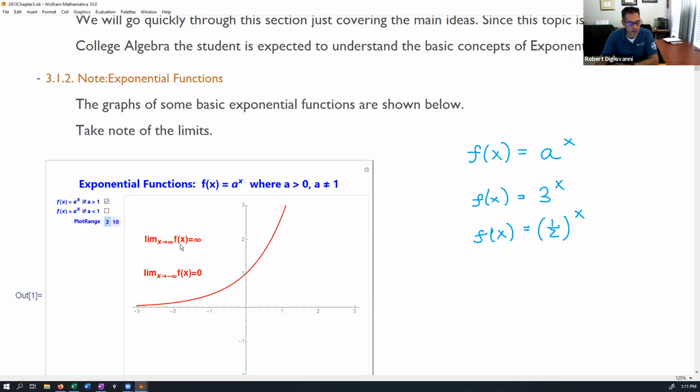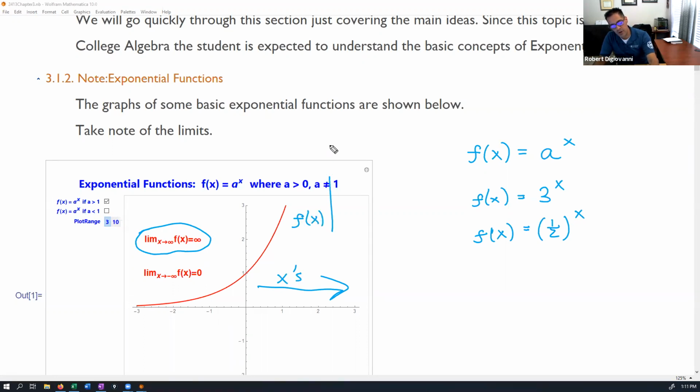Okay, so I put something here for you to think through. If we look at this graph of this function, what we see is that as x goes to infinity, which means as we go to the right, the function's values start going up, right? And so as x goes to infinity, the function goes to infinity.